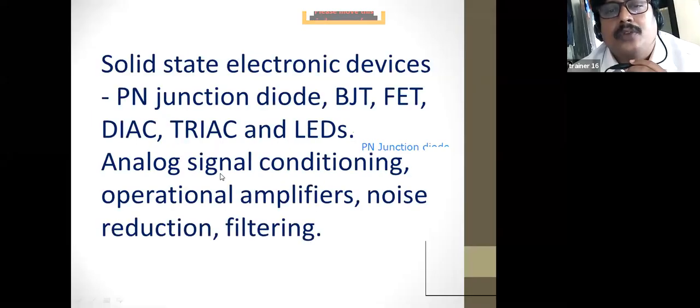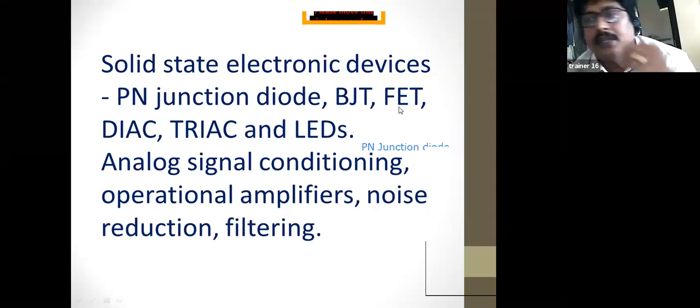In solid state electronic devices, there are the PN junction diode, BJT (bipolar junction transistor), FET (field effect transistor), which we can also call by another name, MOSFET (metal oxide semiconductor field effect transistor), diac, triac, and LED.